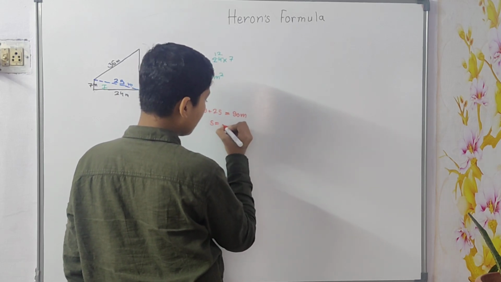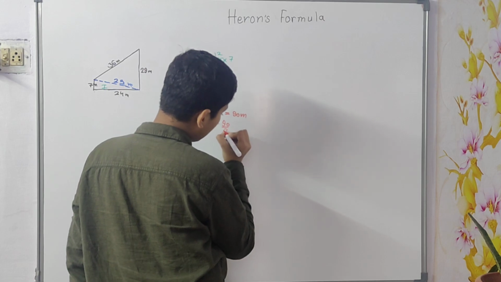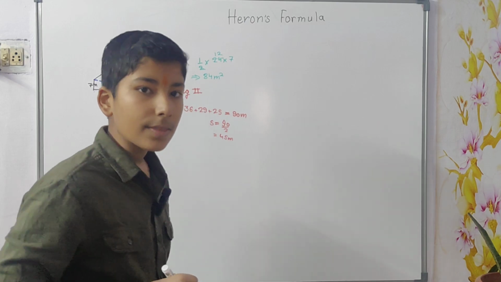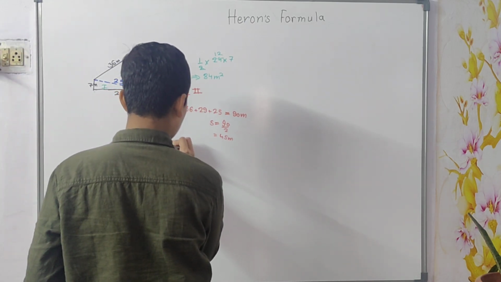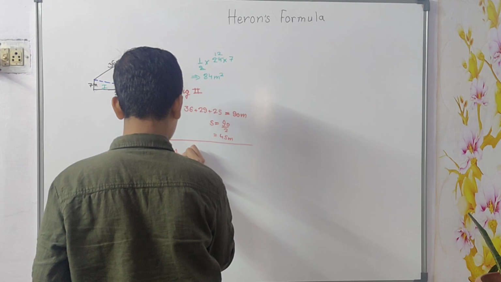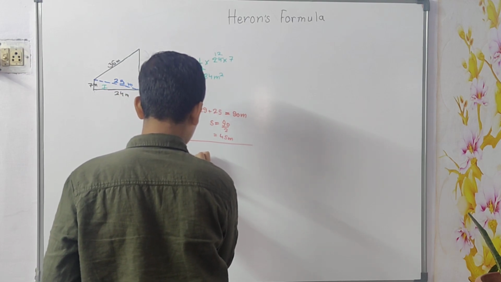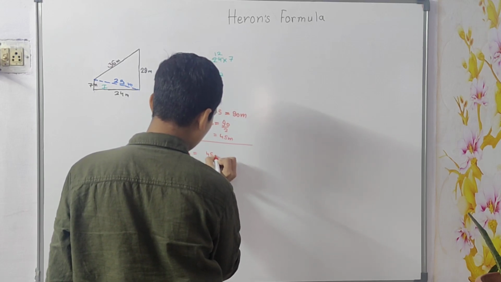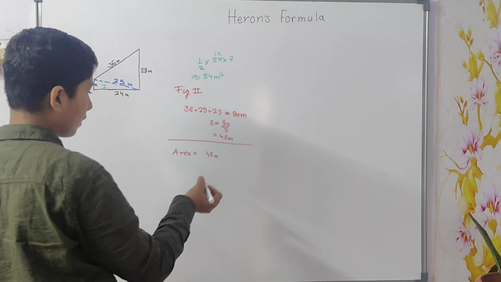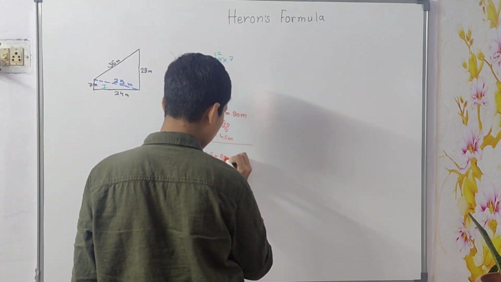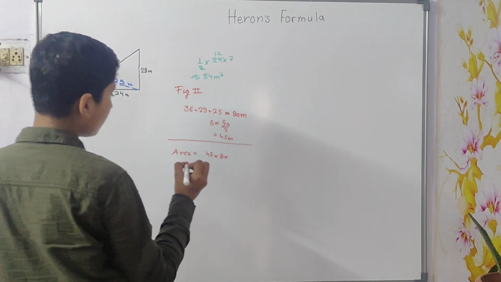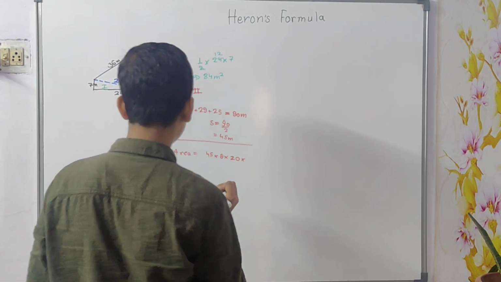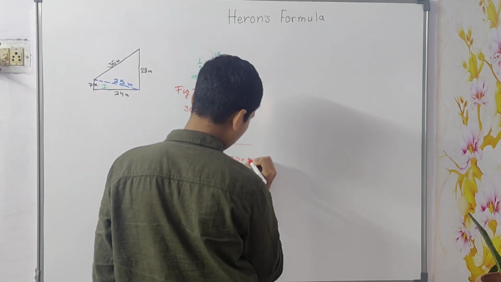S will be 90 by 2, equal to 45 meter. S is 45 meters. Now area is root of 45 into 45 minus 36, it is 9. 45 minus 25, it is 20. And 45 minus 29, it is 16.